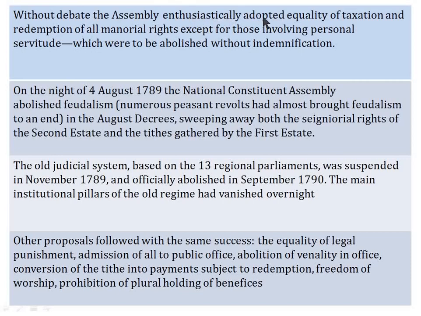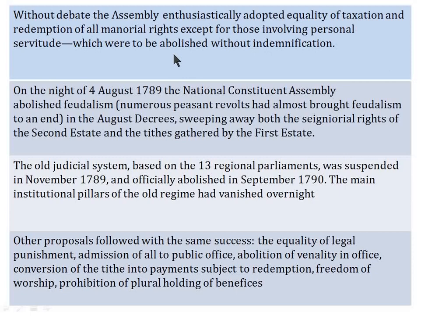Assembly adopted equality of taxation and something of all something rights, except for those involving personal something, which were to be do something without something. So all I understood in this paragraph: without debate, there was an assembly which adopted equality of taxation and did something to the rights, and except for some people, and next I don't understand.